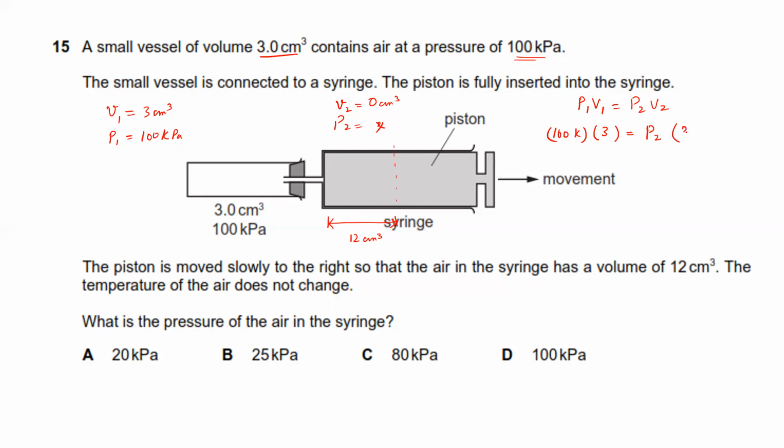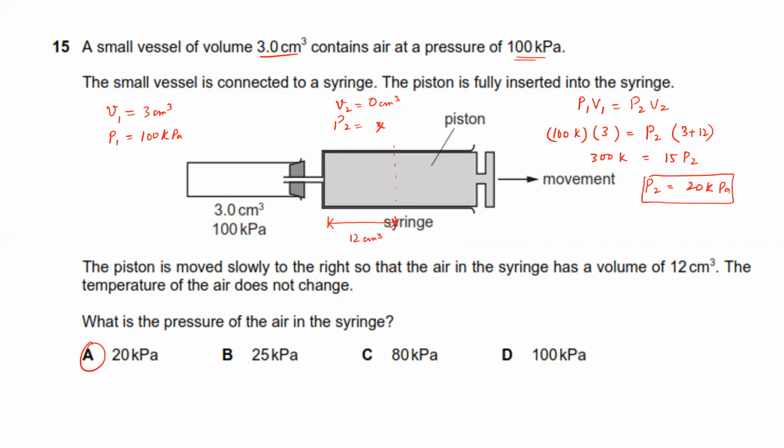So it will be 3 plus 12 because both of them are connected to each other. So this will be 15. So this is 300 kilopascals multiplied by 15 P2, and P2 is 20 kilopascals. So answer A will be the right answer.